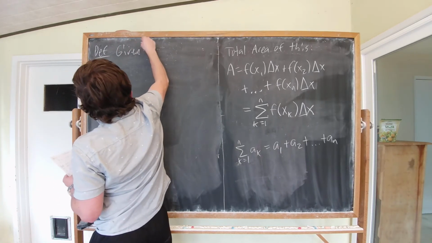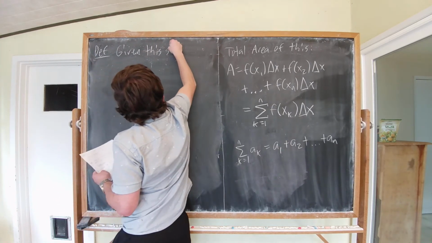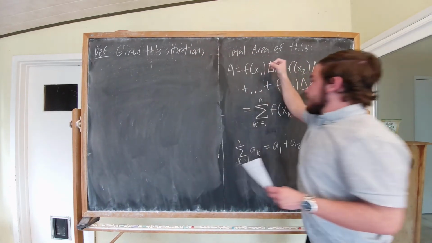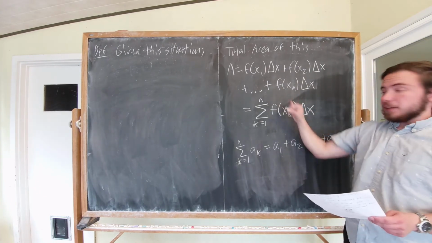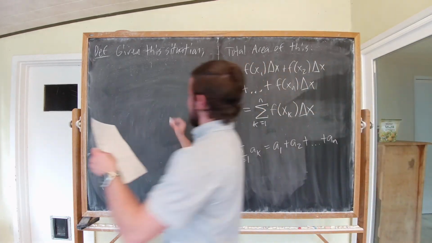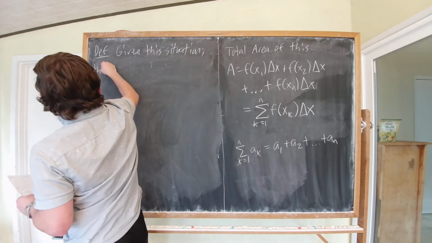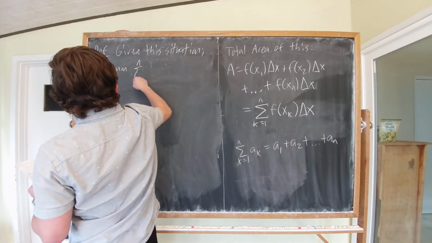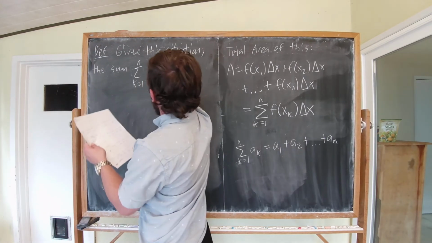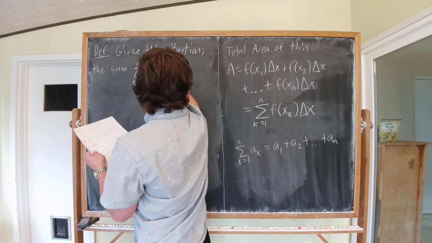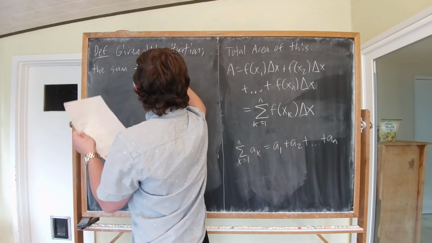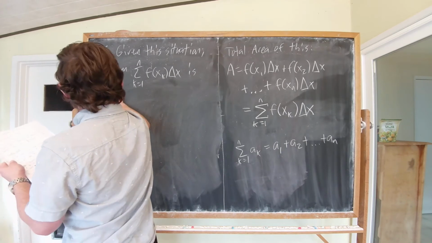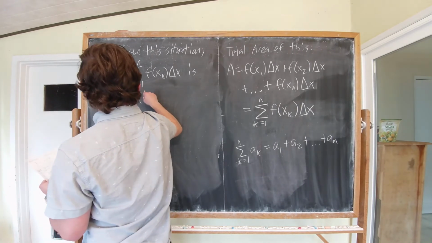Given this situation, where we've divided our interval up like this, the sum from k equals 1 to n of f of x sub k delta x is called a Riemann sum.